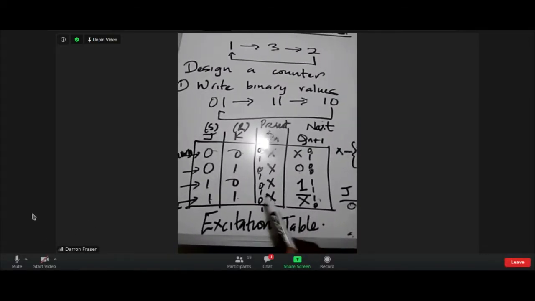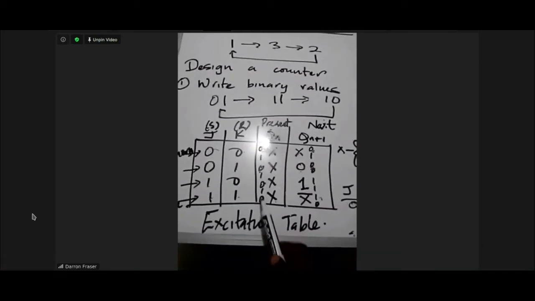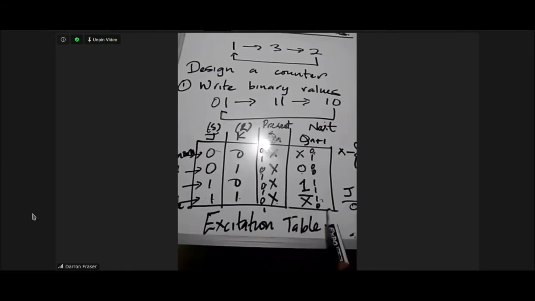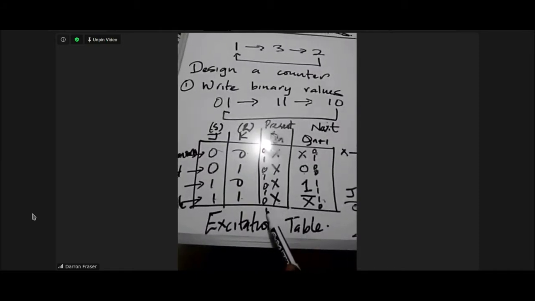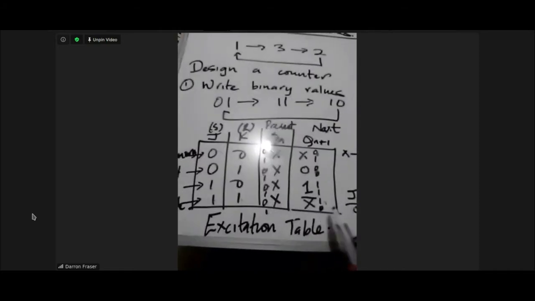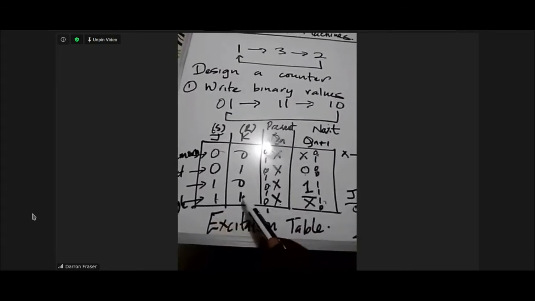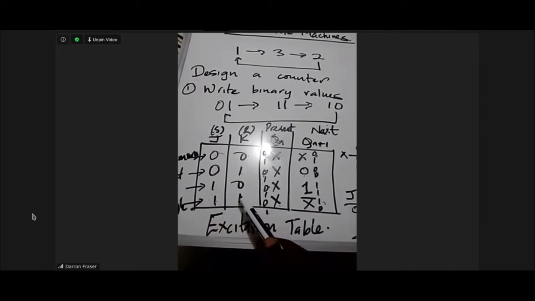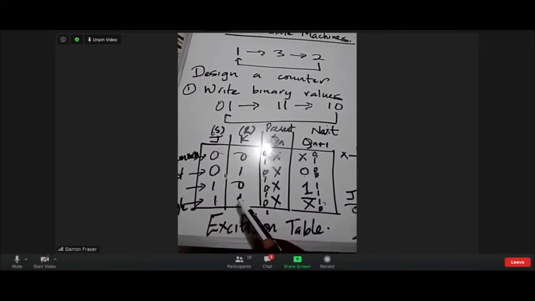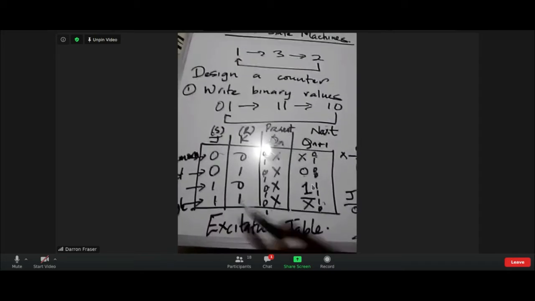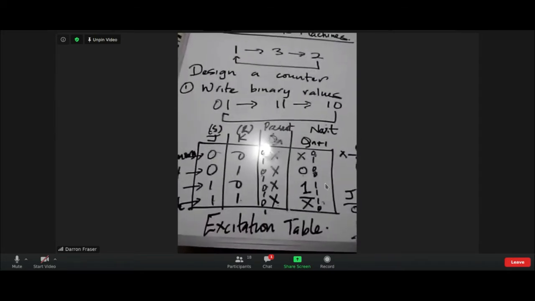All right, presently at 1, the next state is 0. So that will be J equal 1 and K equal 1 as well. You follow what I get again? Yeah. So J is 1 and K is 1.